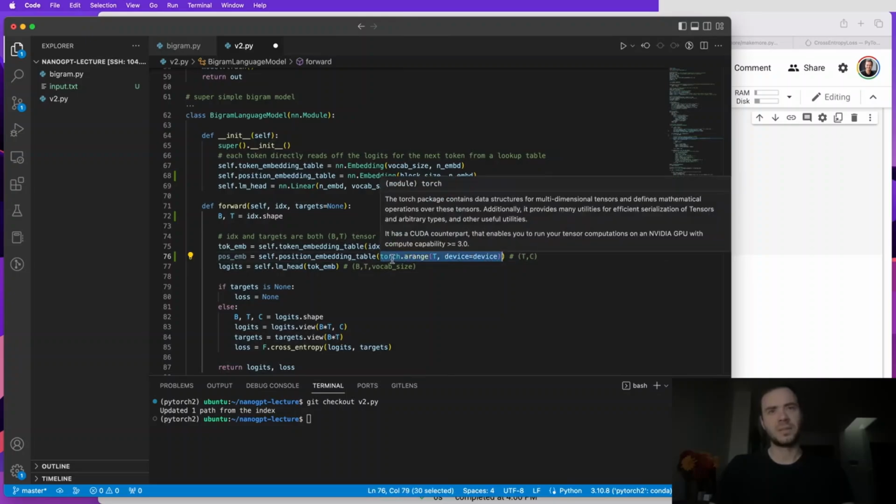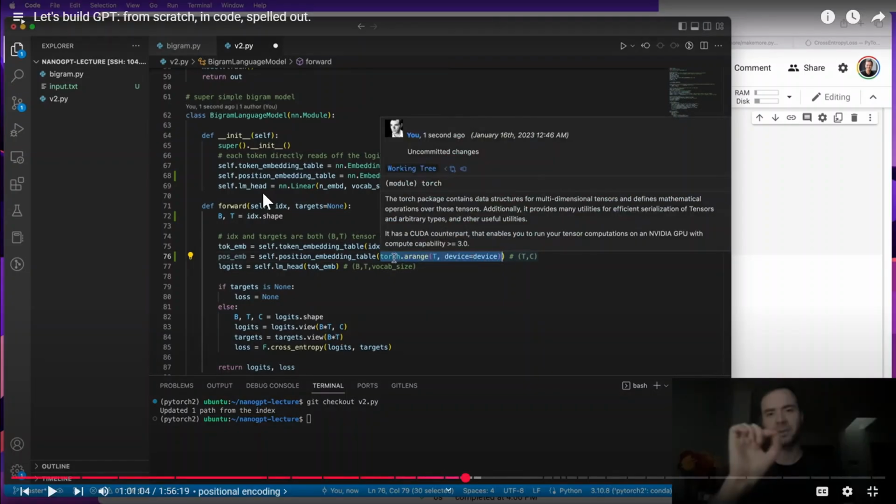So this will be basically just integers from 0 to T minus 1.